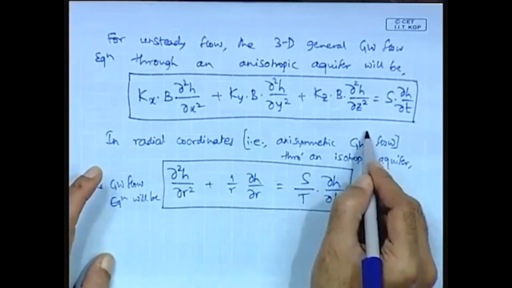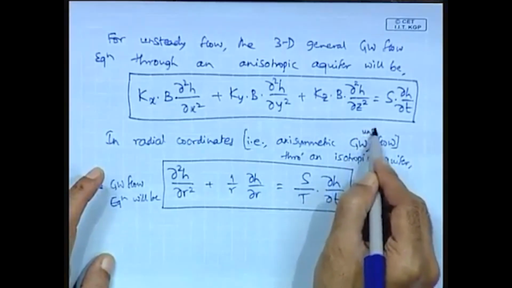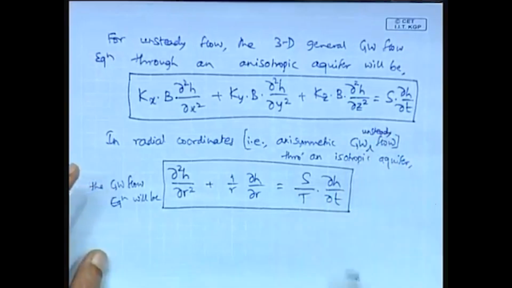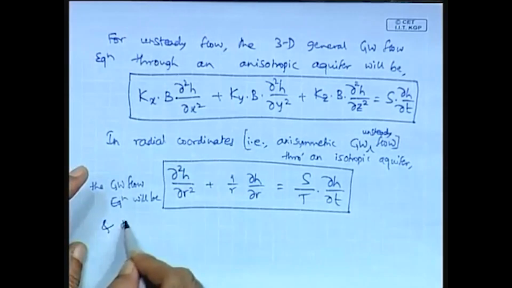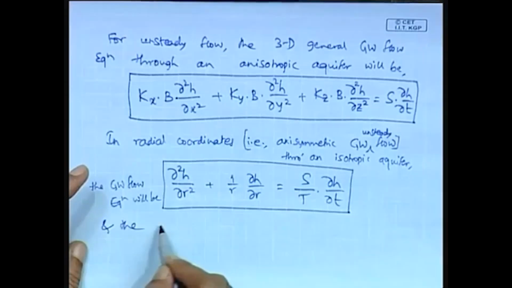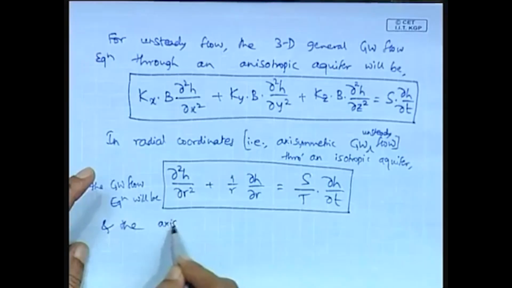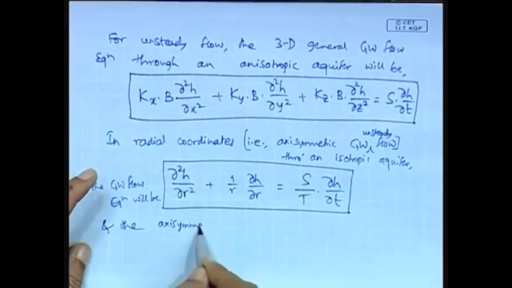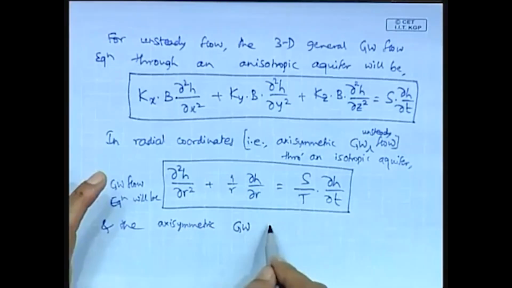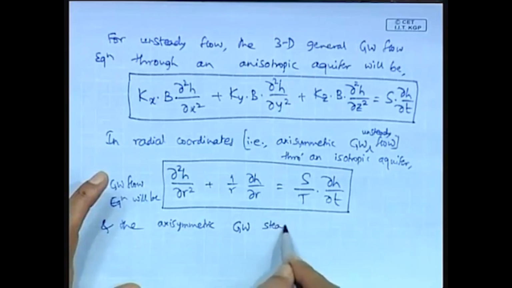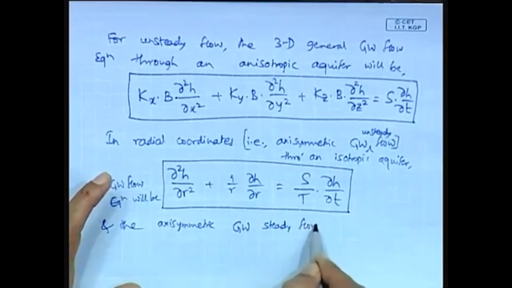So, here is the groundwater unsteady flow, and the axis symmetric groundwater steady flow.